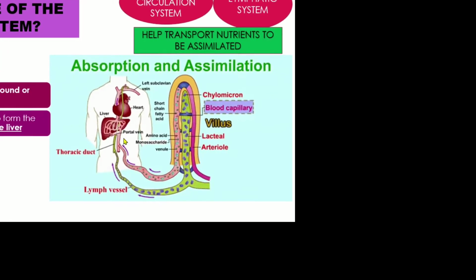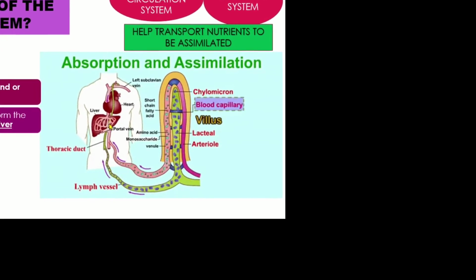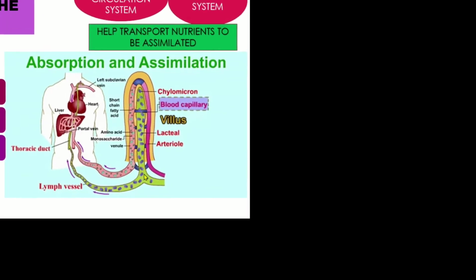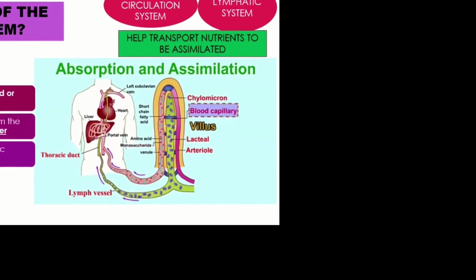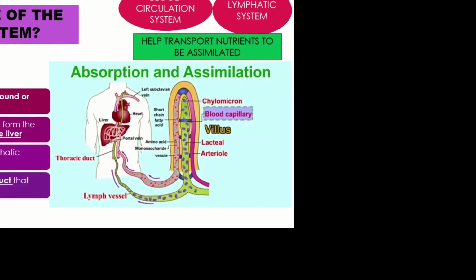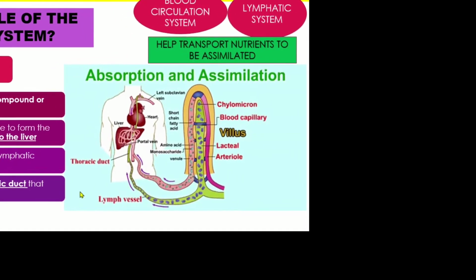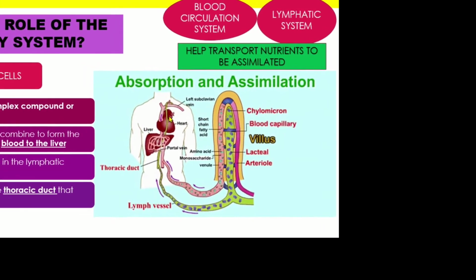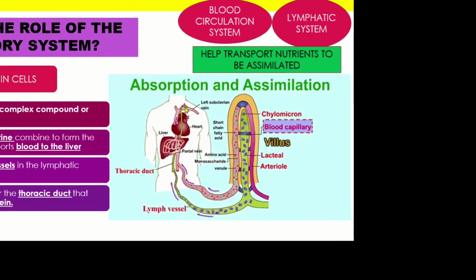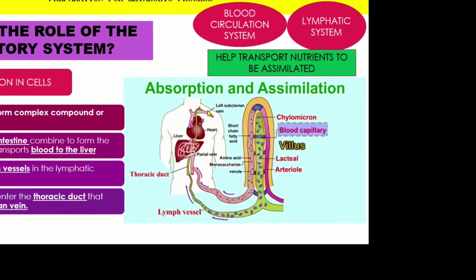Here is the hepatic portal vein, and then it is transported to the liver. The lacteal will form the bigger lymph vessel in the lymphatic system. Next, the lymph vessel will enter the thoracic duct. So here is the thoracic duct, and then it flows into the left subclavian vein. Here is the location of the subclavian vein.